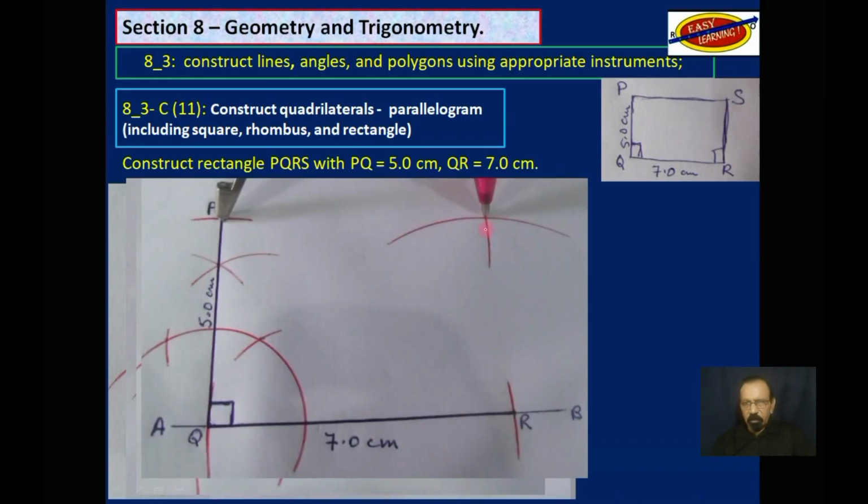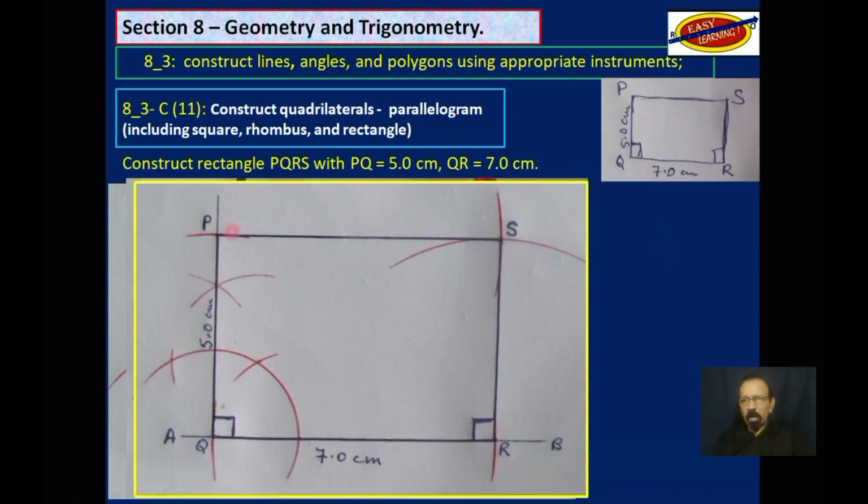So you get this. Now remember, that point from R is the same distance as P is from Q. And also this point from P is the same distance as Q is from R. And then you draw a bold line from P to S, and you're finished. That is the required rectangle.